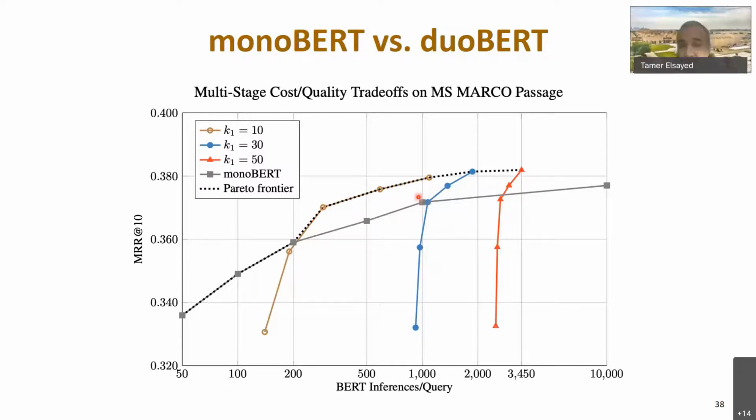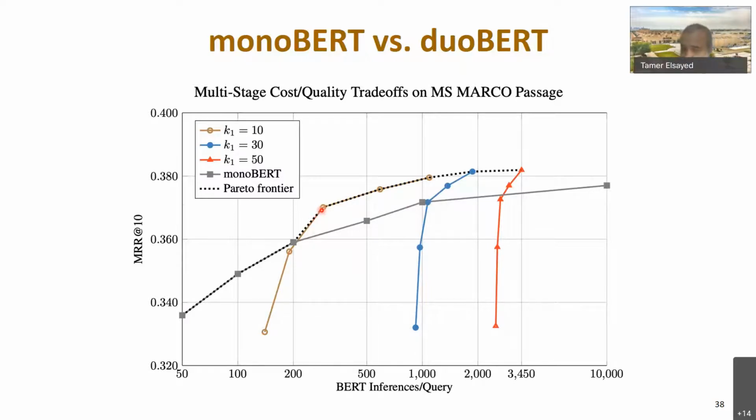Okay, so here we passed 1000 to mono BERT, and here we passed 200 to mono BERT, then 10 to duo BERT, and they got the same effectiveness, and even this one is more efficient.